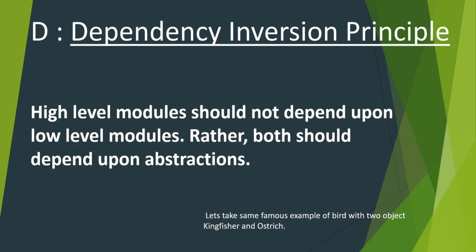Okay, if you are going to any restaurant, and after having dinner or breakfast or lunch, you give your ATM card, then the POS machine does not know which card you are giving, whether it's a Visa card or a MasterCard, right? The implementation has been done in such a way that it depends upon the abstraction.